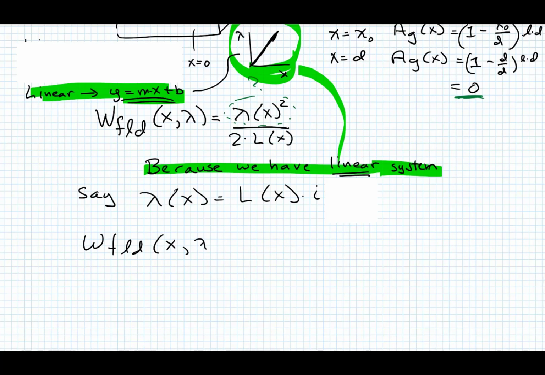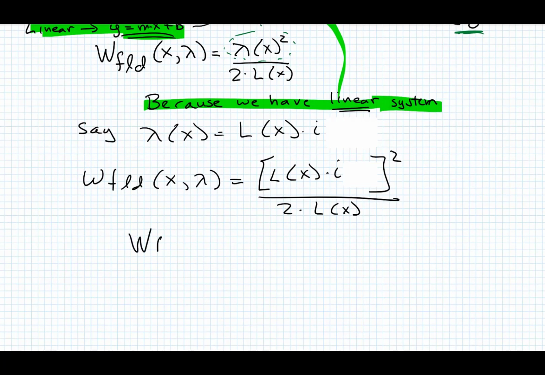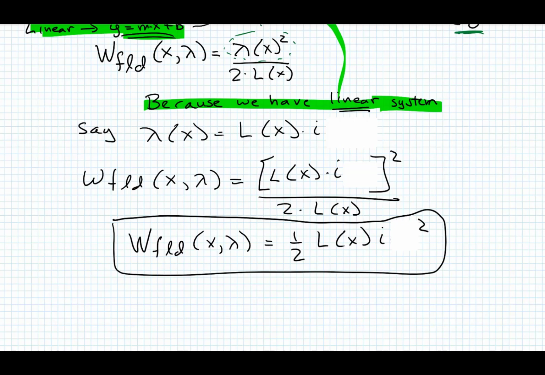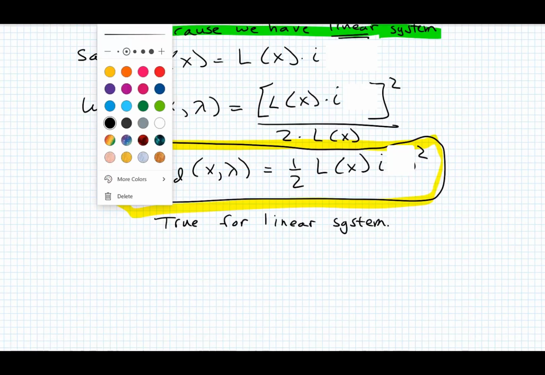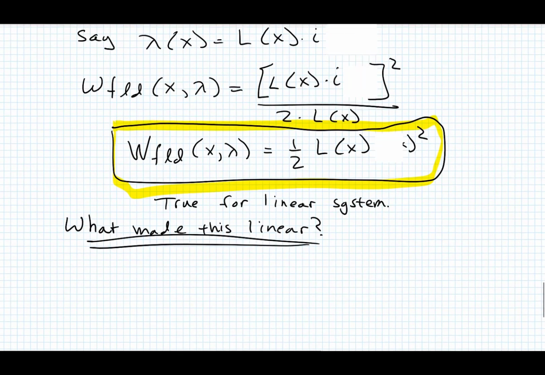I'm going to leave it on the left-hand side as lambda. But on the right-hand side of the expression, I've got now on the top L of x times I of x squared over 2 times L of x. And now if I simplify that, what made this linear? So we can ask that question.